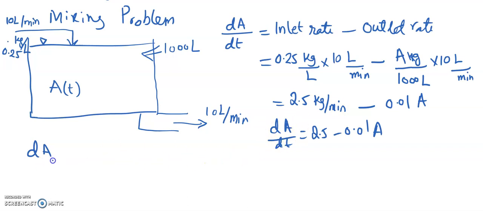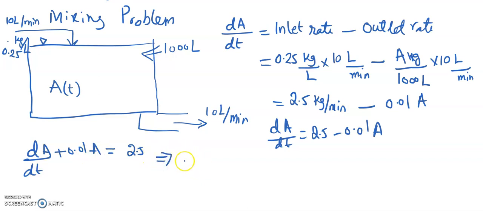So it will be a separable equation. Okay, or I can write it in a linear ordinary differential equation form as well. So for example, dA over dt plus 0.01 A equals 2.5. So it is a linear ordinary differential equation.